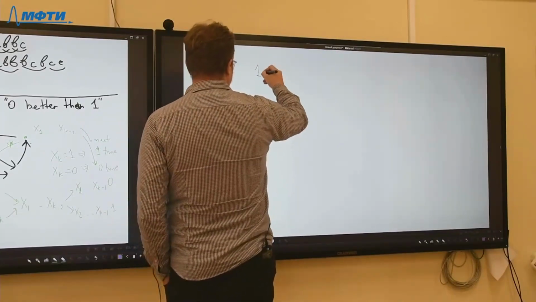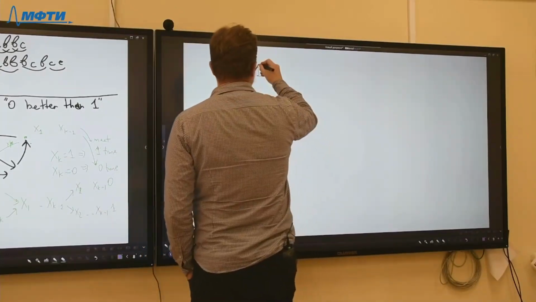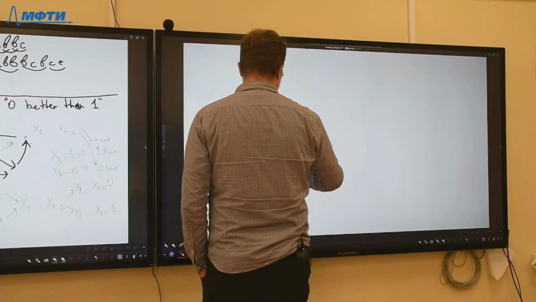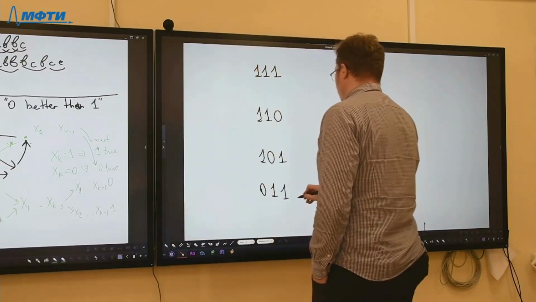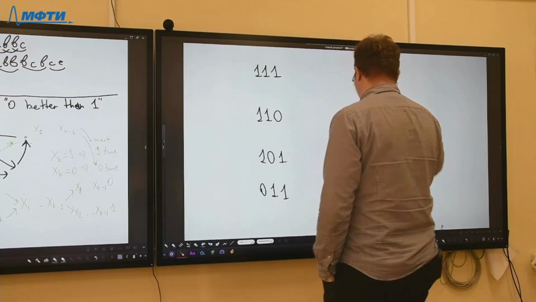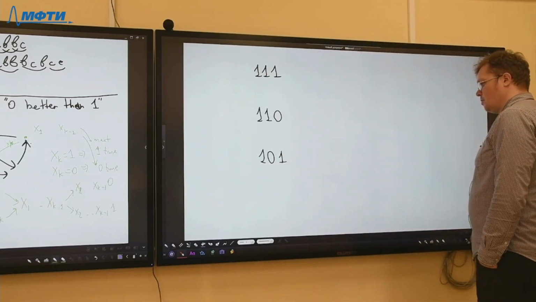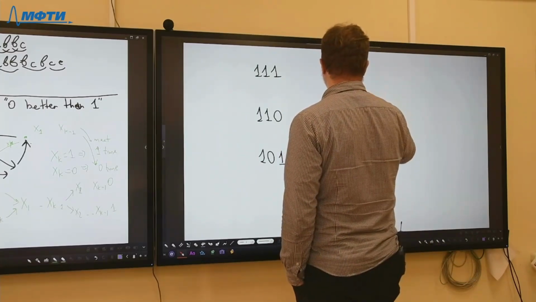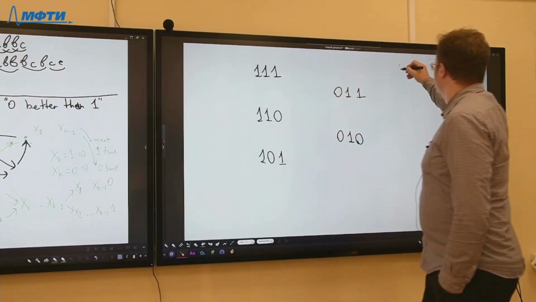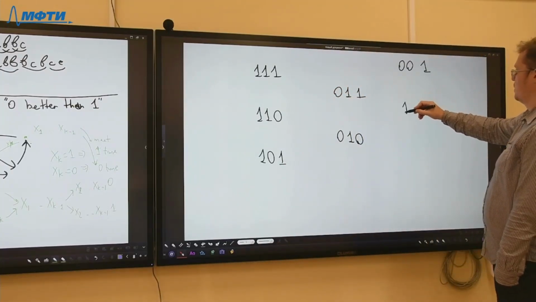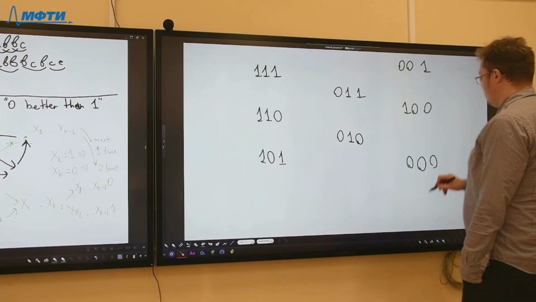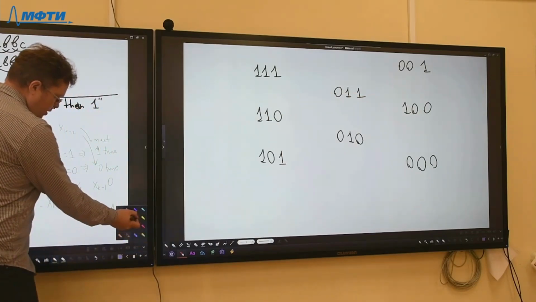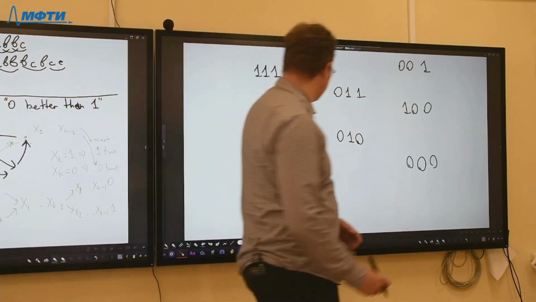So I have here 1, 1, 1, 1, 1, 0, 1, 0, 1, 0, 1, 1. Then I have the edges, but now I want to color them different colors when I add 1 at the end and when I add 0 at the end.